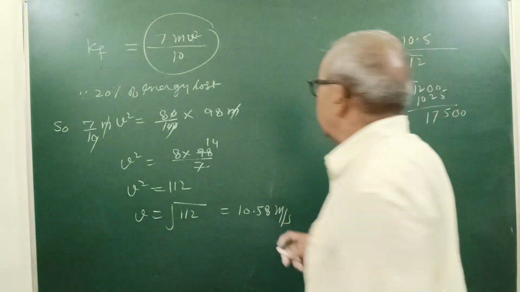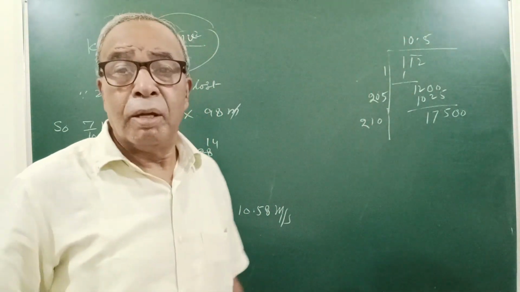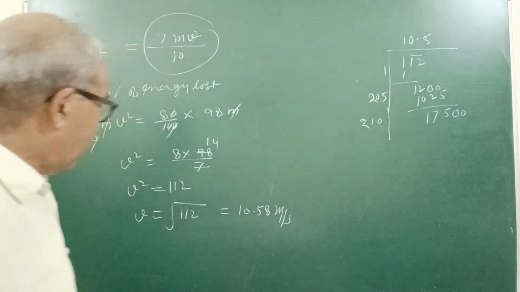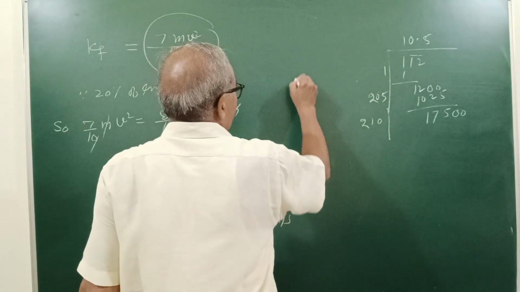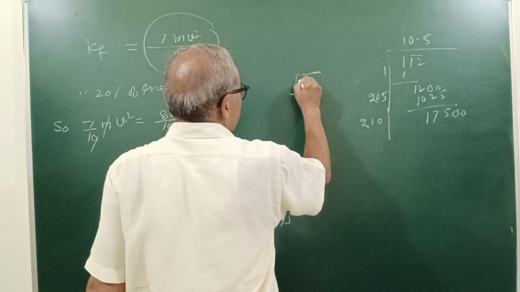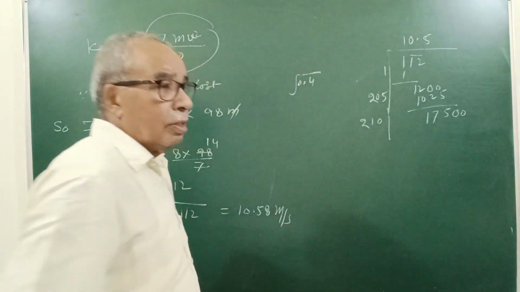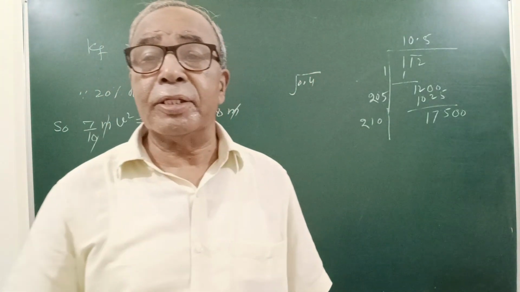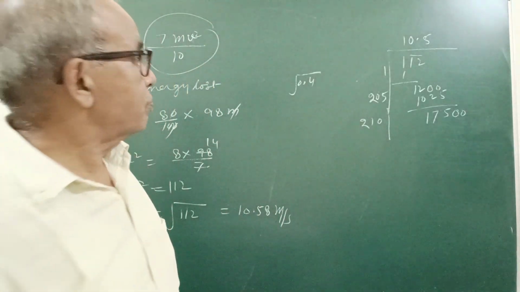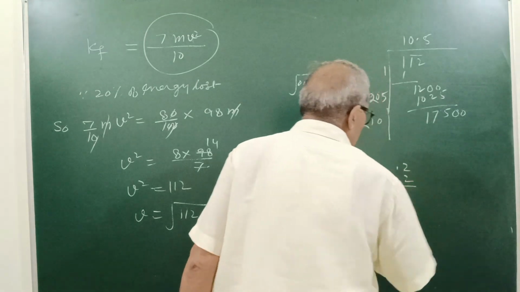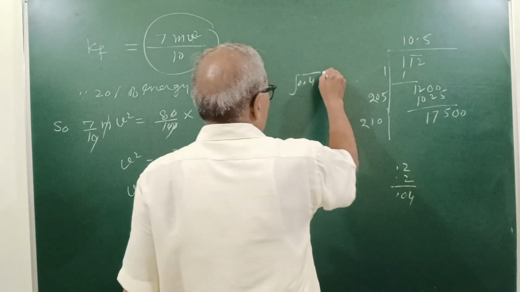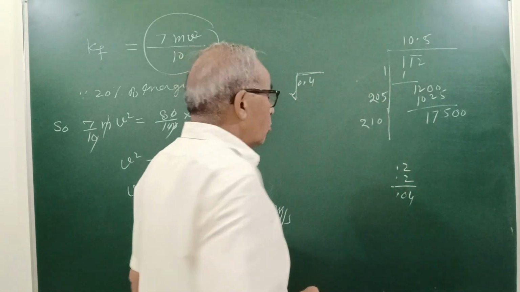8 times. One thing more for your benefit. Sometimes we ask what is the under root of decimal 0.4. So in a hurry, a child tells us, sir, 0.2. If you multiply 0.2 into 0.2, it is 0.04. So the square root of 0.4 is not 0.2.